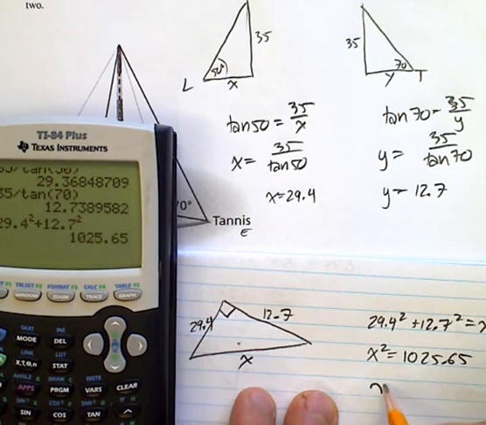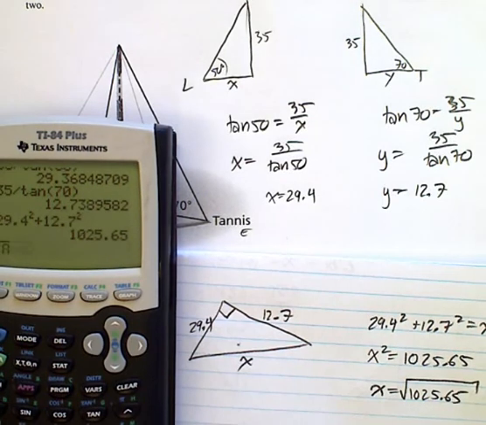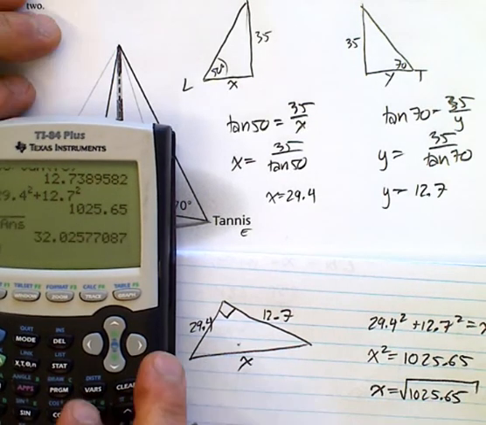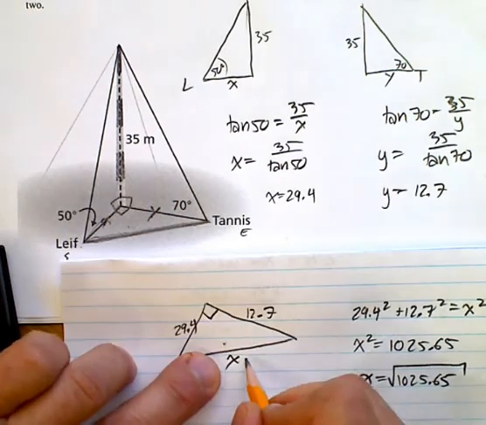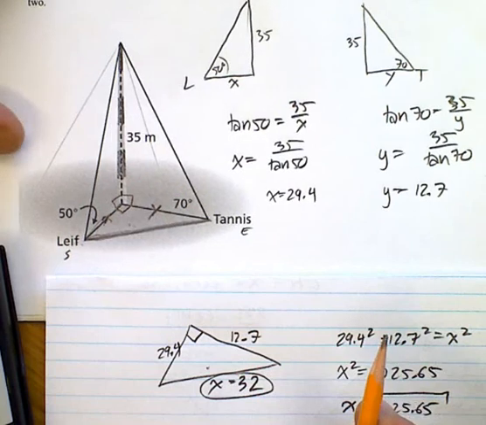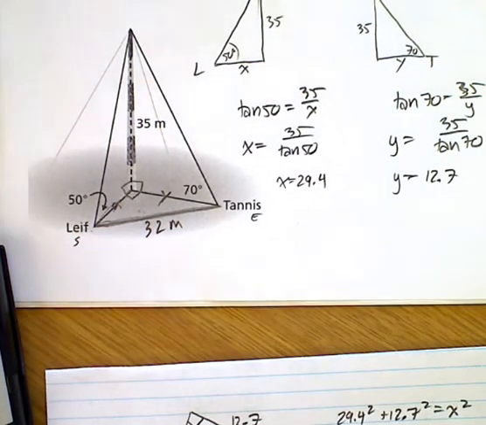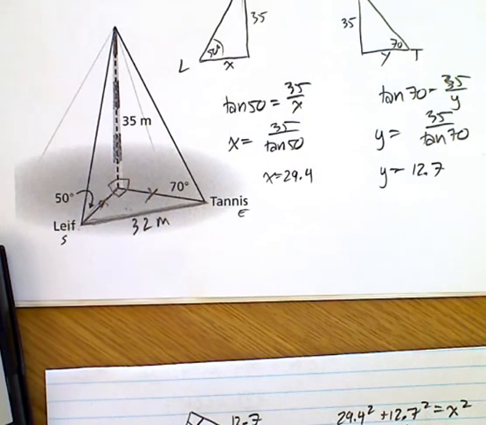And the last step would be to take the square root of that, and I get 32 meters. So that means that they are 32 meters apart. Lots of questions, lots of different things that we need to remember. Hopefully you guys can put some of these together and have some success.